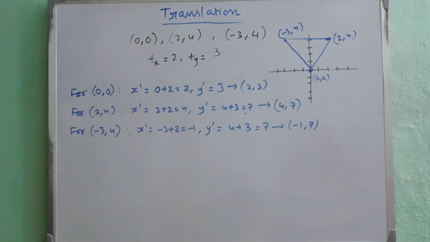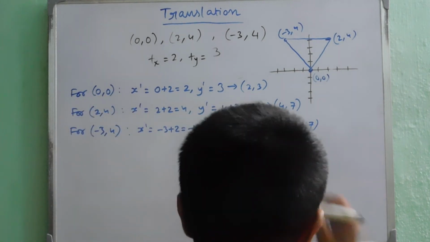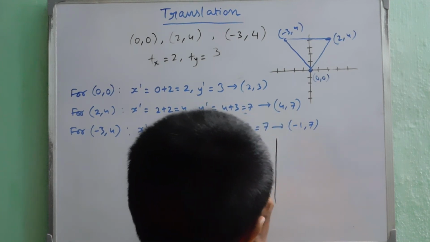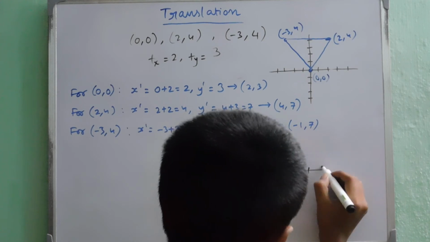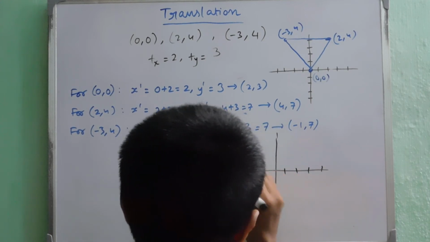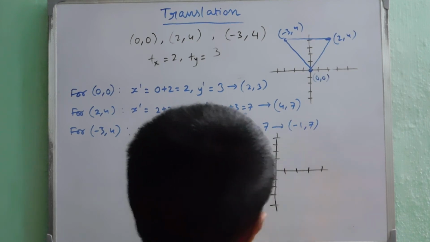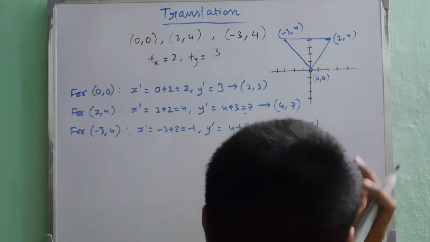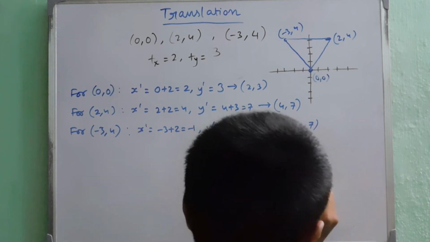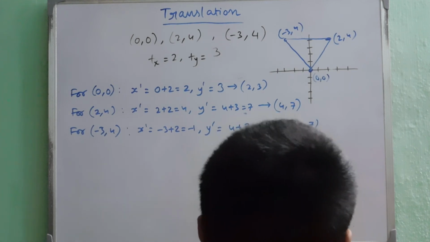Okay, so let's draw the new triangle. Let's see what comes out. So 1 2 3 4, 1 2 3 4, 1 2 3 4, and here 1 2 3 4. The first one is at 2 comma 3, so that means here. Second one is 4 comma 7.